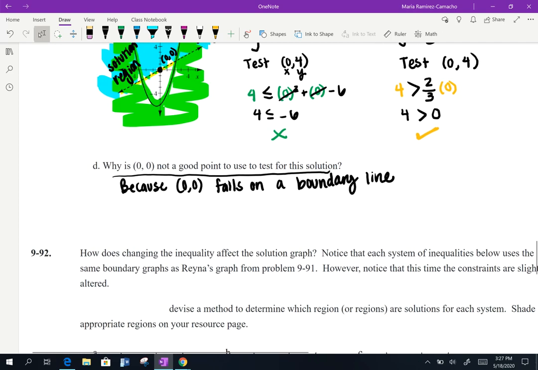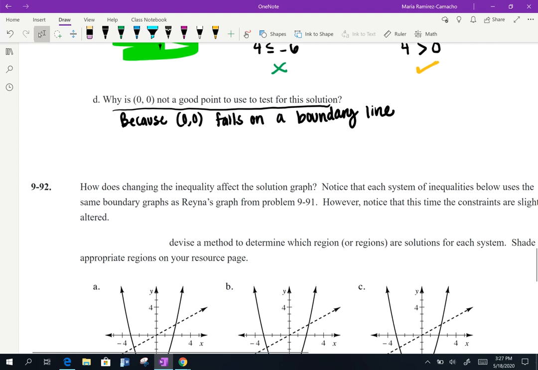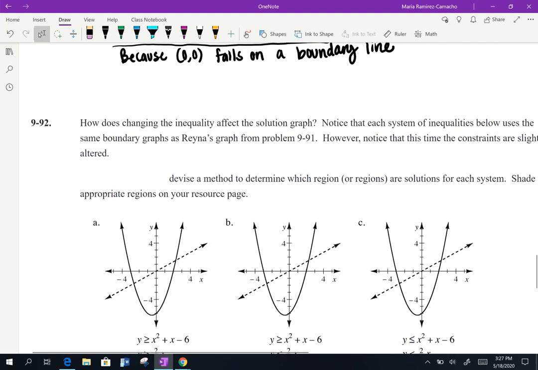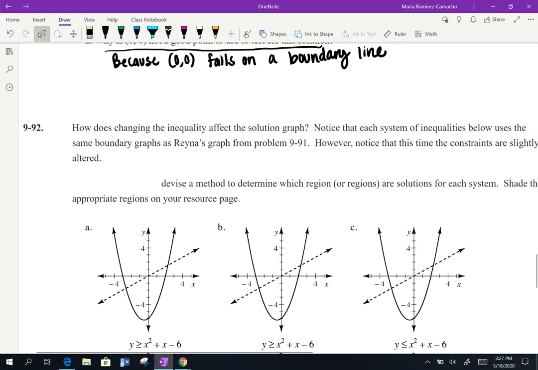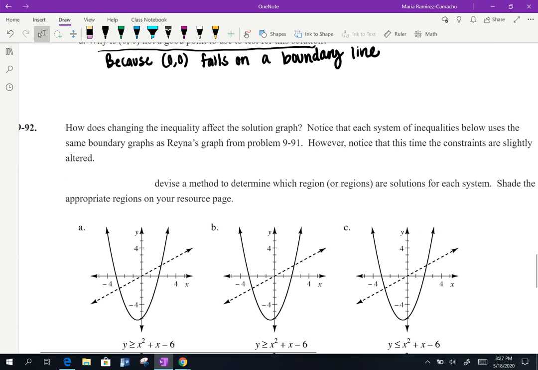9-92. How does changing the inequality affect the solution graph? Notice that each system of inequalities below uses the same boundary graphs as Reina's graph from problem 9-91. However, notice that this time the constraints are slightly altered. Devise a method to determine which region or regions are solutions for each system.